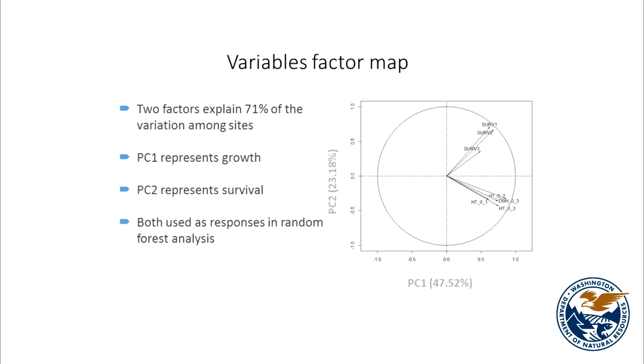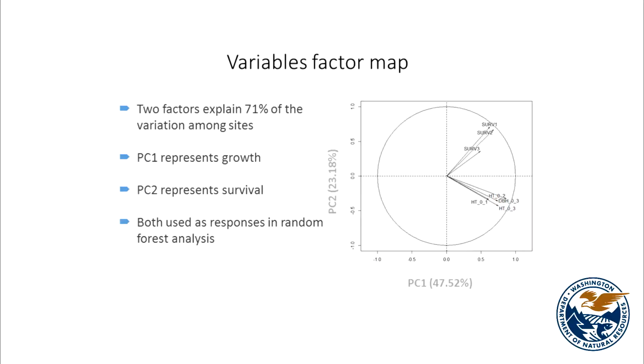But instead of having that variation associated with each of the individual response traits, we try to pack all of that variation into these principal components. In this case, we had one principal component that represented growth and another that represented survival. And in total, these explained 71% of the differences we were seeing in growth and survival across the sites.